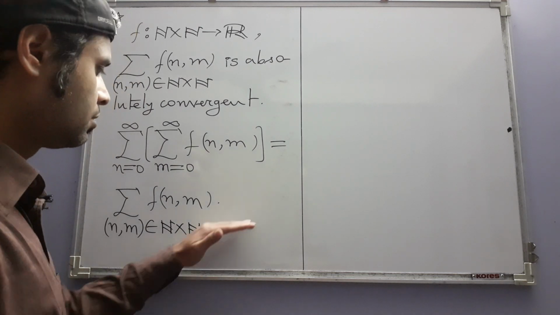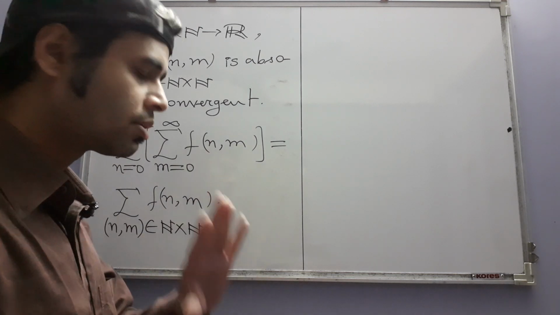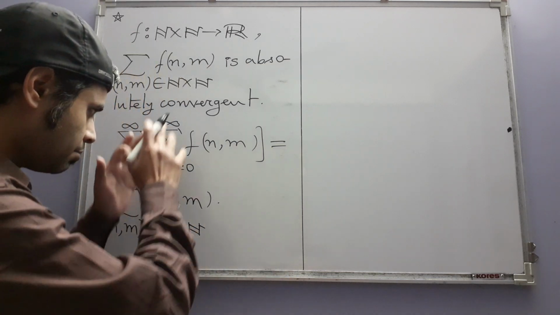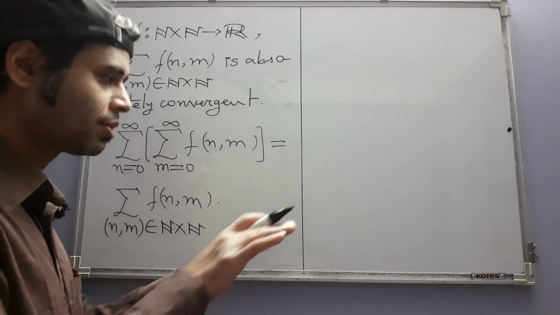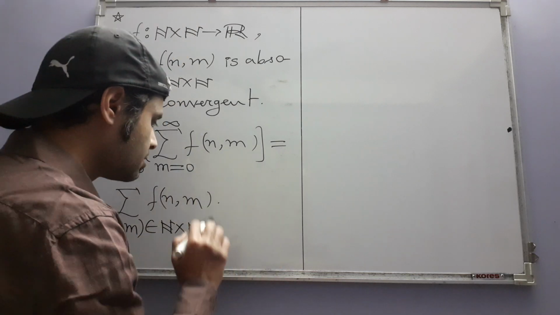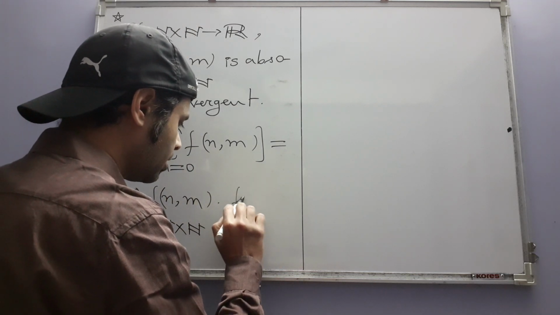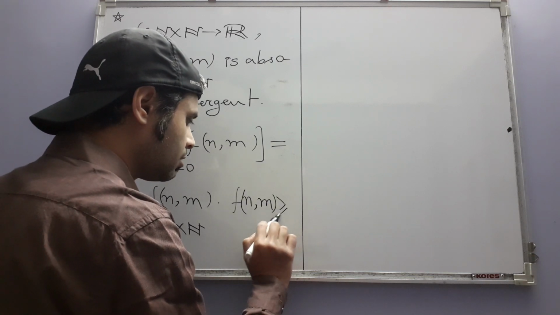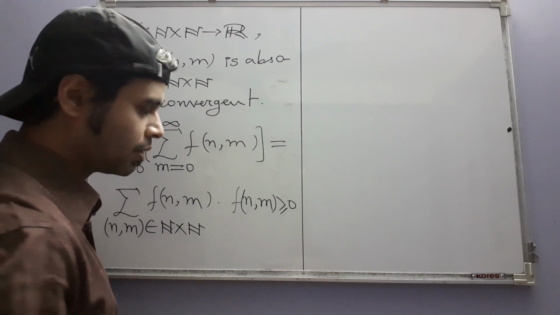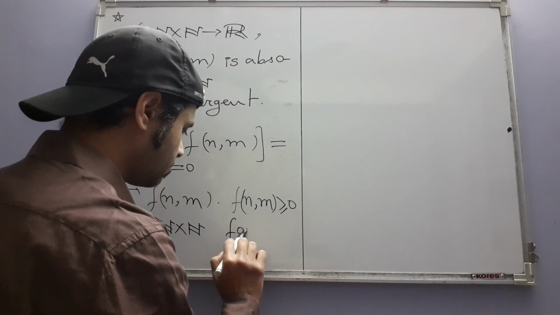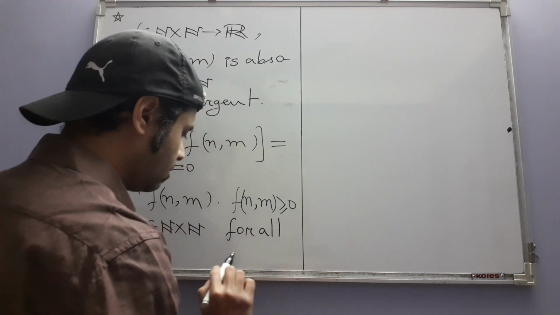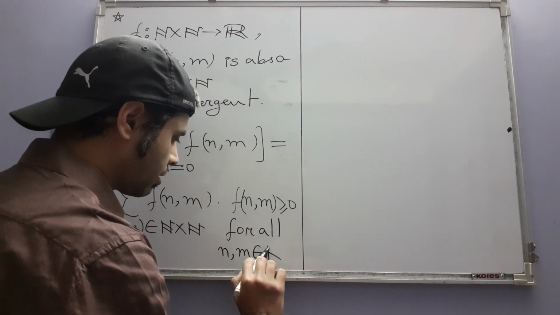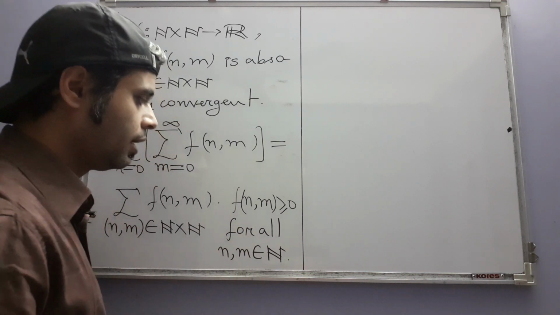And we have restricted ourselves actually to the special case. Now in proving this thing, we have already restricted ourselves to this special case where all these functional values are non-negative real numbers for all natural numbers n and m.